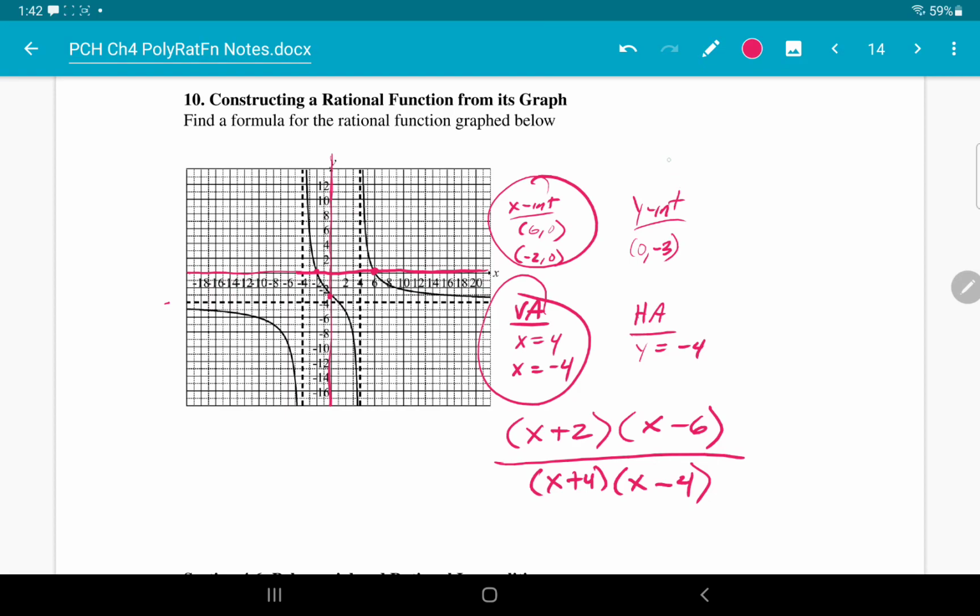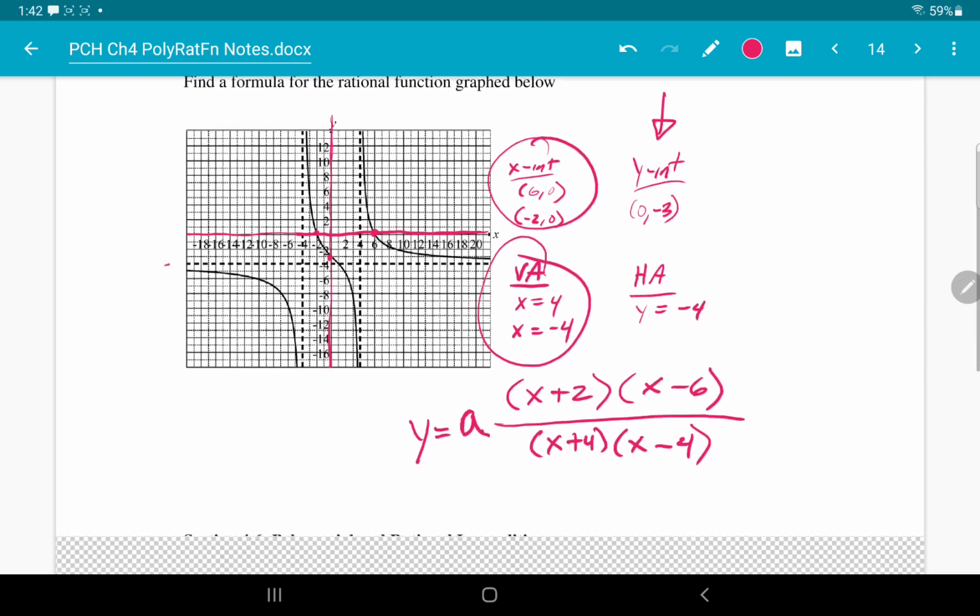So we've taken care of those two pieces of information. The other thing you want to take care of is knowing that you are going through a y-intercept at (0, -3). Let's go ahead and solve for that. If we say that y equals this, you have to have some kind of a value to modify your function based on going through this point.